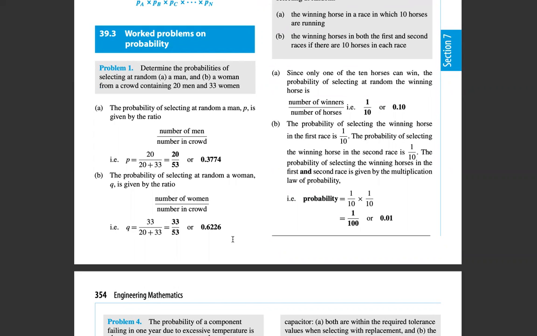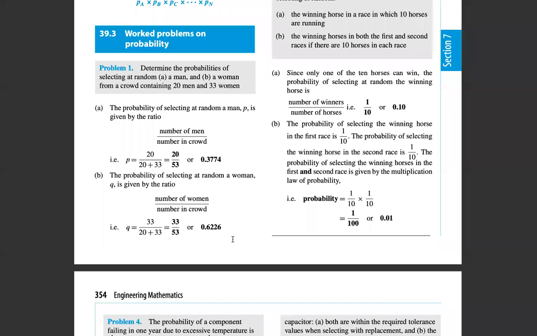Well, the denominator is the total sample size, the set of all people, which is 20 plus 33, 53. But I have 20 men, so the chance of getting a guy is just 20 out of 53.